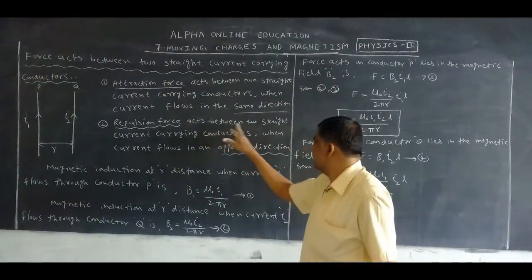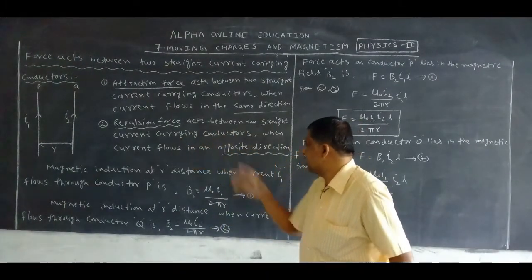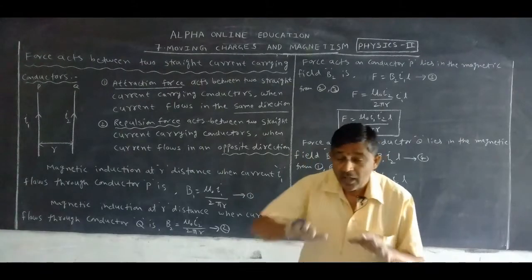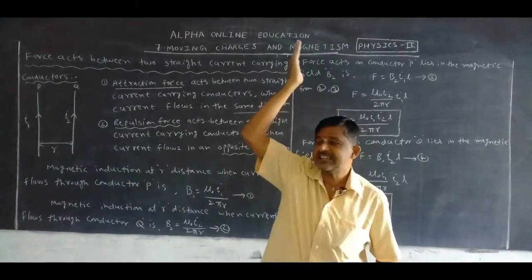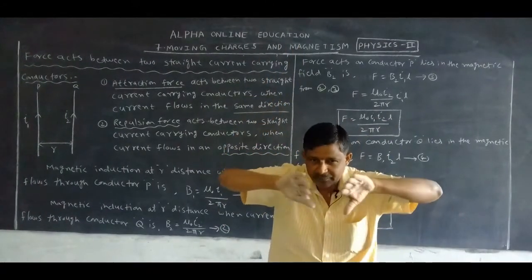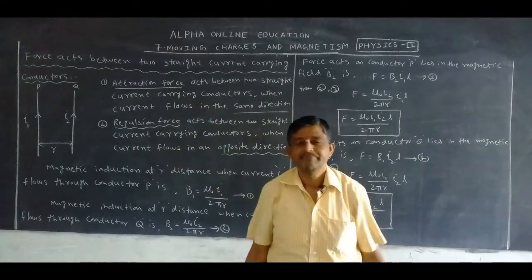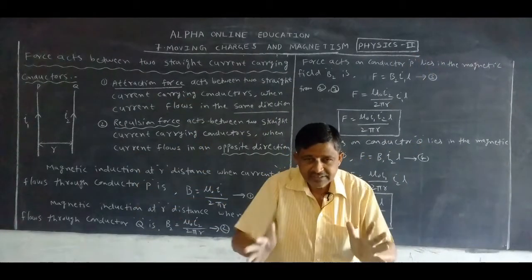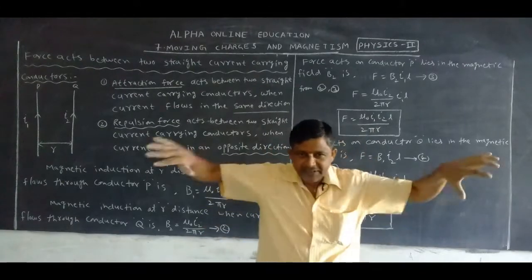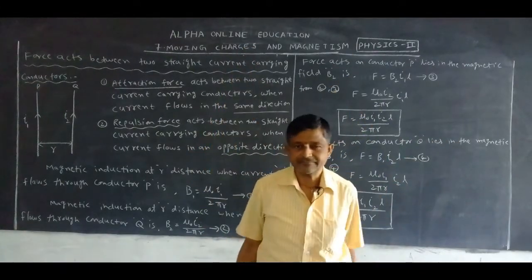Repulsion force acts between the two straight current carrying conductors when current flows through P and Q in opposite directions. Attraction force, same direction. Repulsion force, opposite direction.